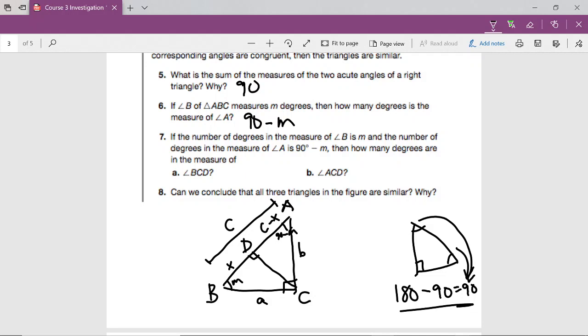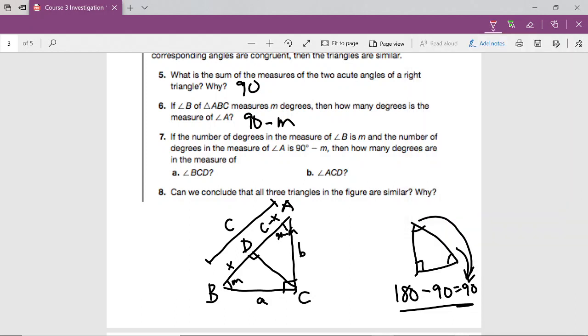Number 7, if the number of degrees in the measure of angle B is m, and the number of degrees in the measure of angle A is 90 minus m, then how many degrees are in the measure of these two different ones? So now we're looking at some of these smaller triangles within here. I'm going to change colors here to show this first one.